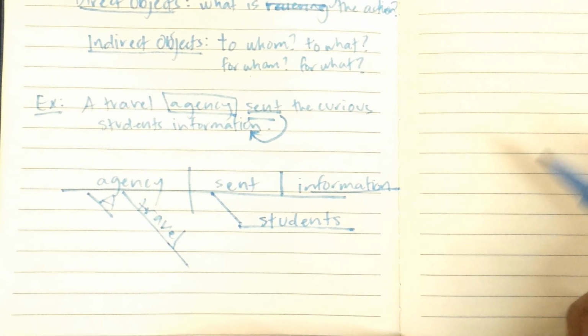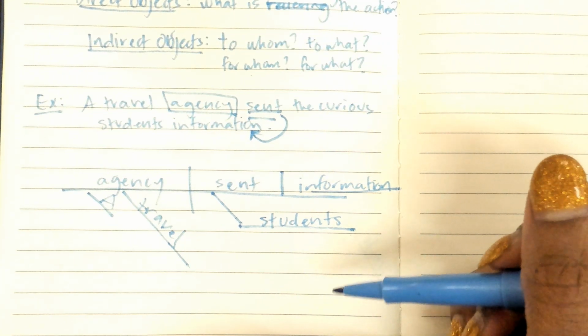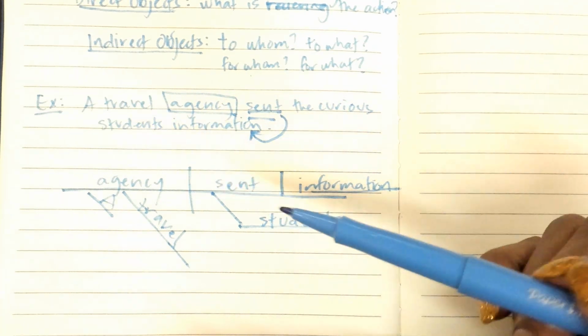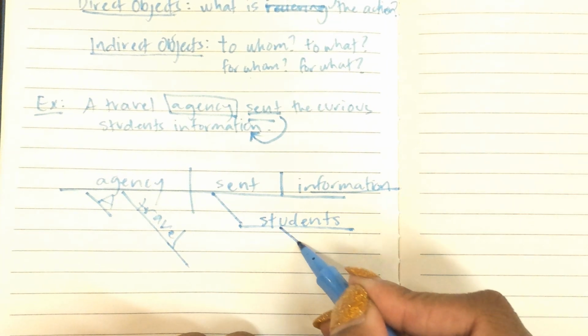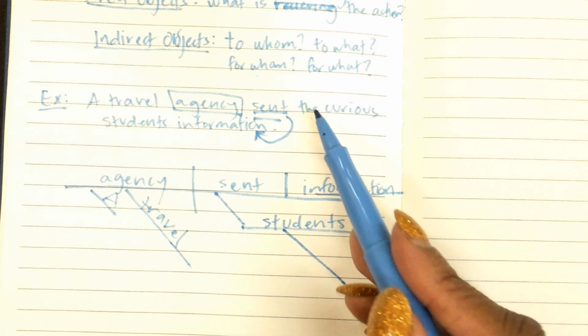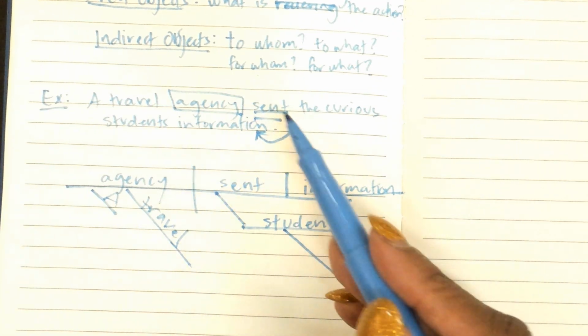All right, now we have the and curious. Okay, curious tells us more about the students. Yes. So we need to draw a slanted line for curious. We also need a slanted line for the, because the tells us what students? The students.